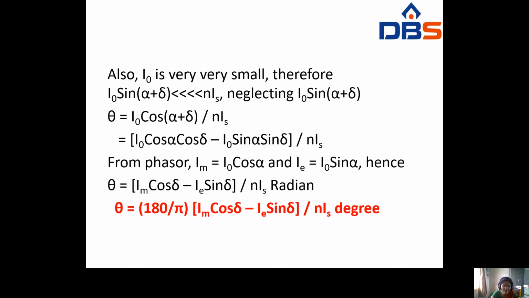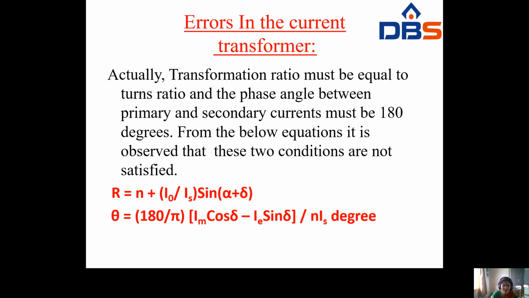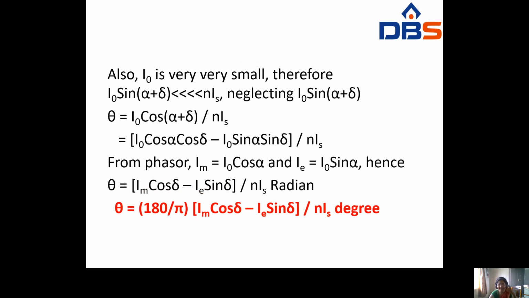Also I naught is very, very small. Therefore I naught sin(alpha plus zeta) is very much less than n into Is, so you neglect I naught sin(alpha plus zeta). Then theta becomes I naught cos(alpha plus zeta) divided by n into Is.